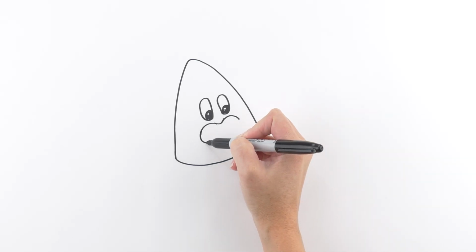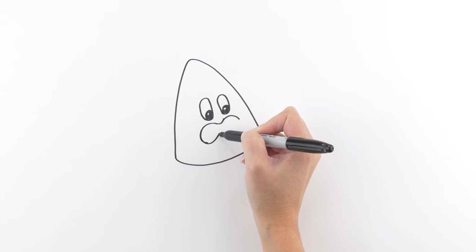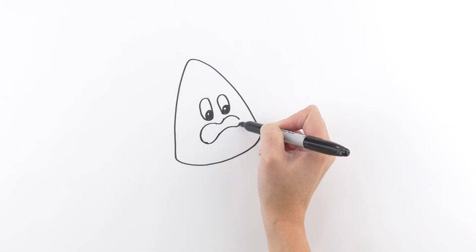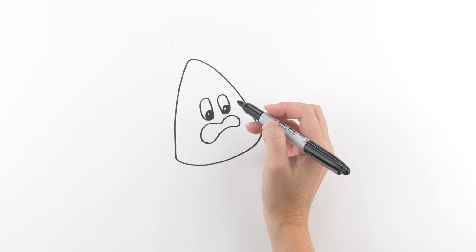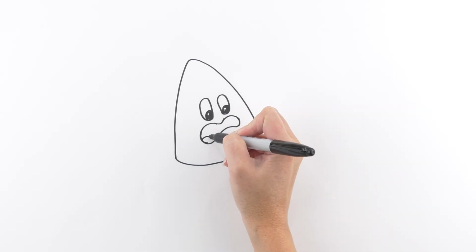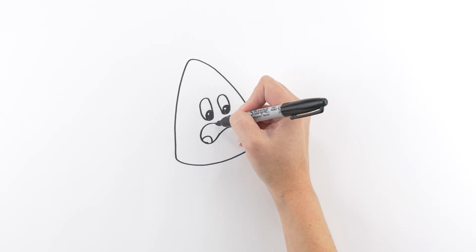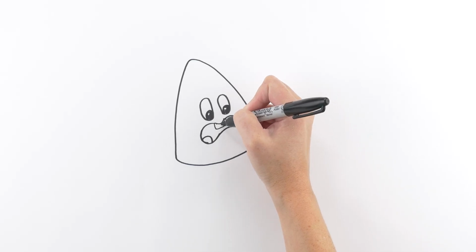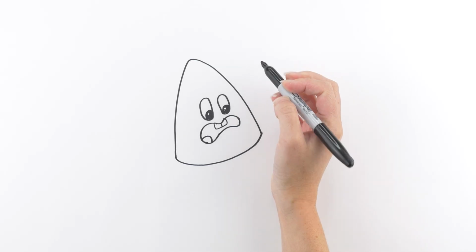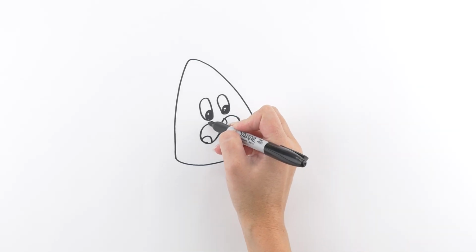This side will dip a little bit further. It is kind of like a skewed peanut shape. Add a tongue, and we'll add two teeth, like this. Okay, and then we can color this in.